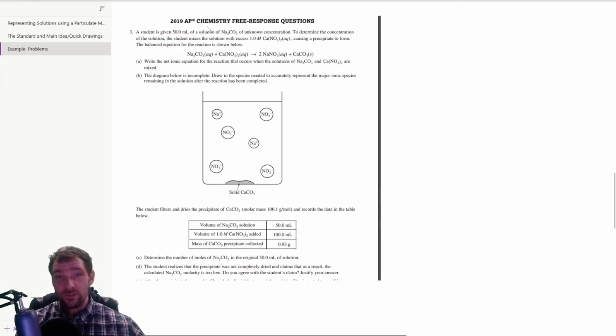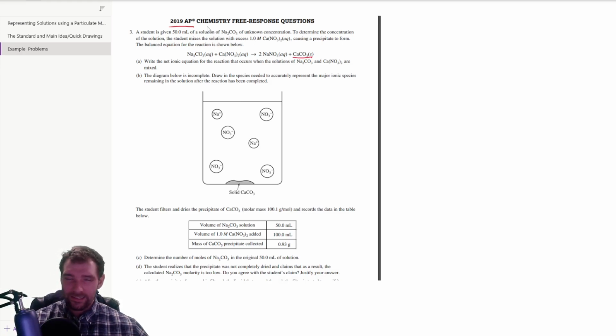So this example is directly from the 2019 exam, and a lot of the recent ones tend to have problems that look like this, where there's some sort of precipitation reaction, like there's this precipitant happening right there, and there's some ions that are involved, some spectator ions, as well as the ions that are actually reacting. Also, what's really important is knowing which one of these is in excess.